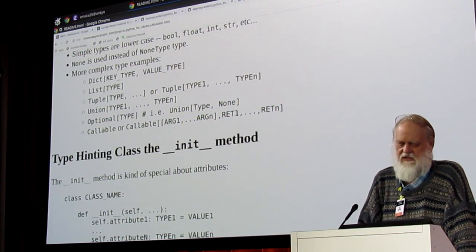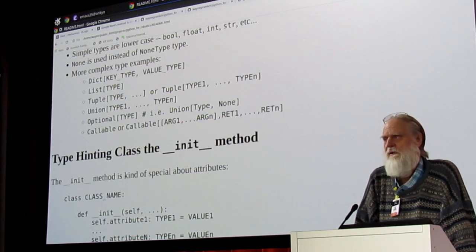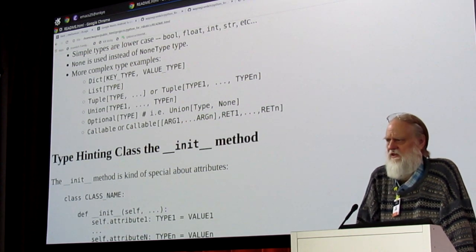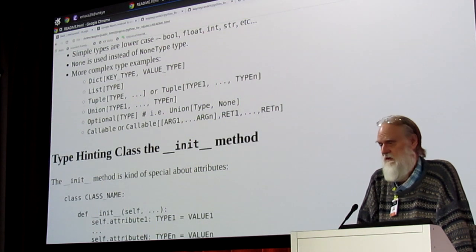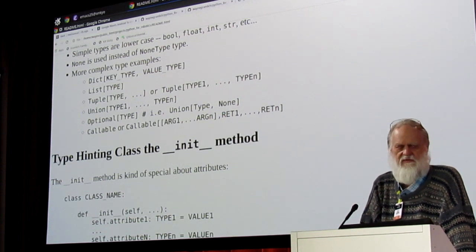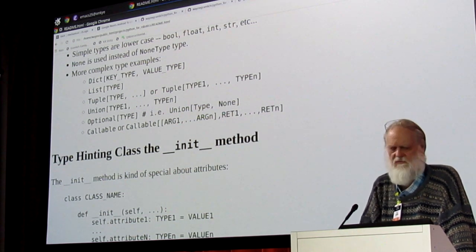And if your routine does not return anything, you return None, because technically all Python functions and methods return something. And so if you don't actually specify it, None is what gets returned. So that's the algebra for types using the typing system for type hints.